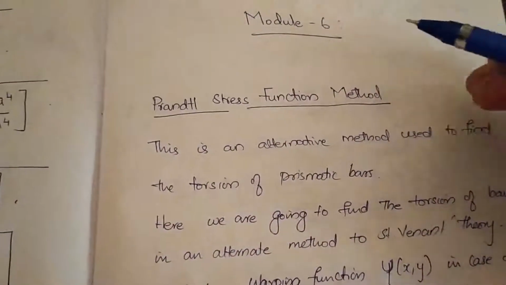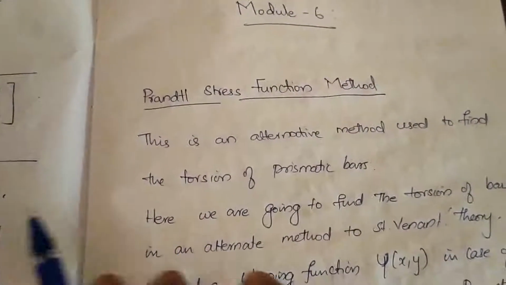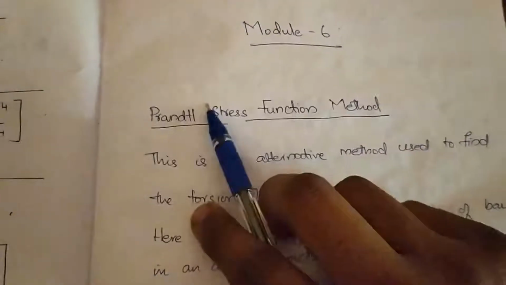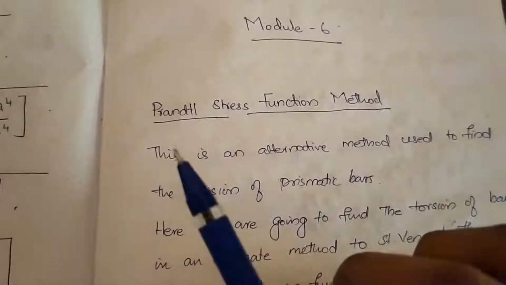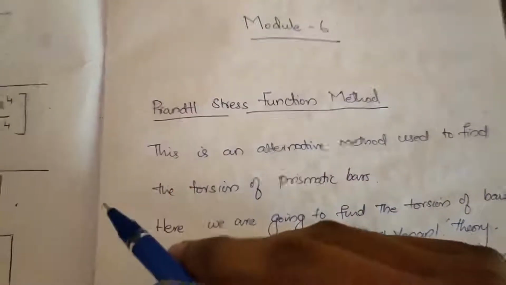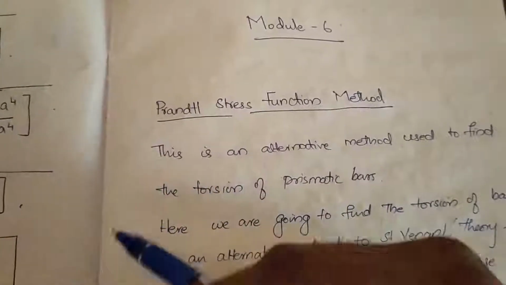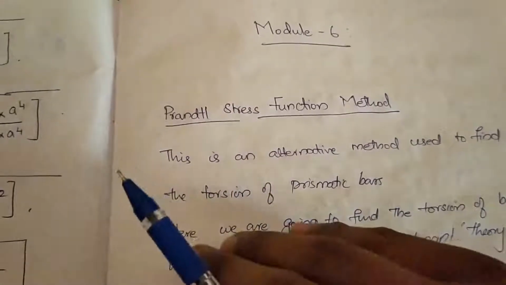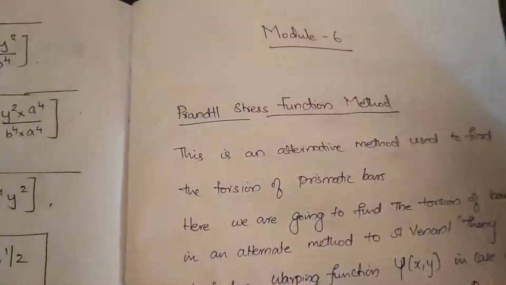This Prandtl stress function is just a continuation of Sen-Venance method, or an alternative approach for finding the torsion of prismatic bars. It's the same method and the same answer will be given, but there are some differences in the equations.